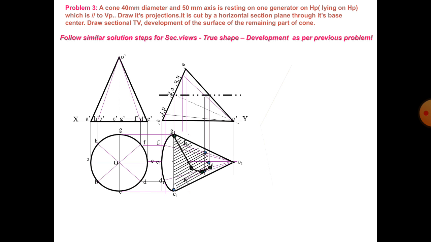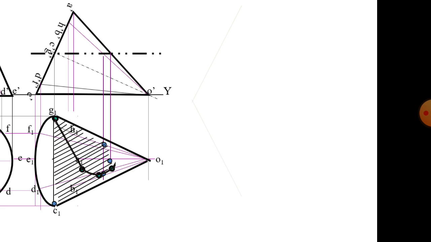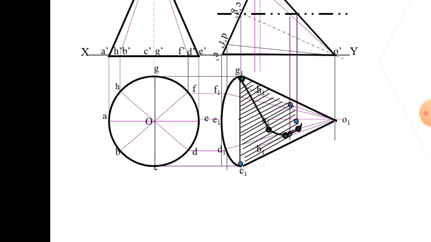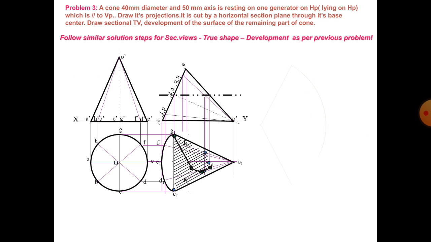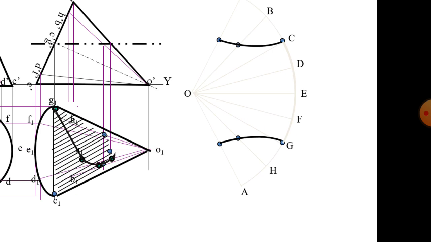Shown in this sketch. For the development, we firstly calculate theta with the help of R by L into 360 and draw this theta divided into 12 parts, and draw A, B, C, D, E, F, G, H, A dash, and mark points, showing the development of surfaces.